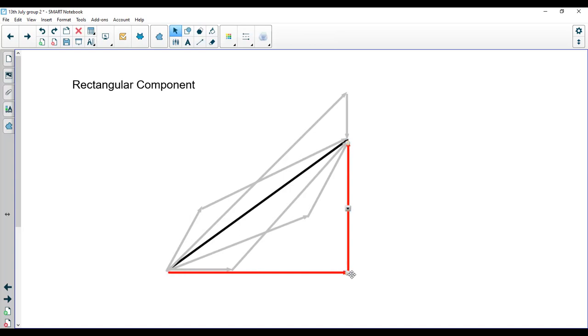Is that so? Yes. So that's why these two components are called rectangular components. Is it clear?